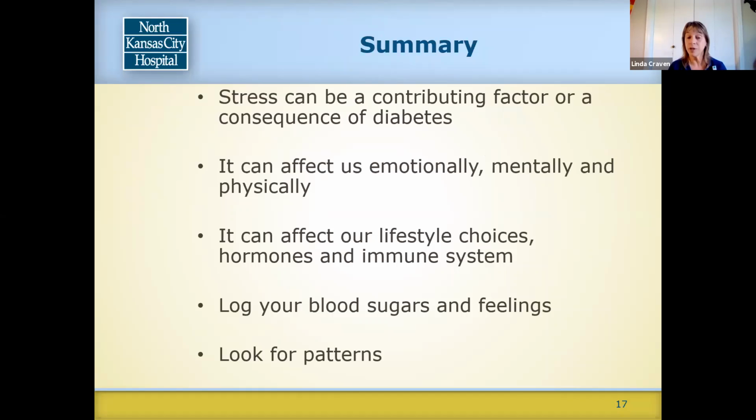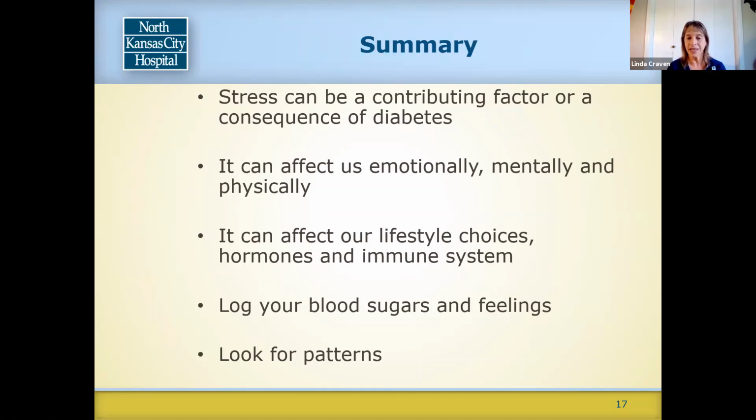Stress can be a contributing factor, as we said before. You might have stress because you have diabetes, but we also know that when we're stressed and it triggers the immune response and it causes all that glucose to get stuck in your bloodstream because our insulin and our glucose isn't working properly, it can be a consequence as well. It can also affect us emotionally, mentally, and physically.